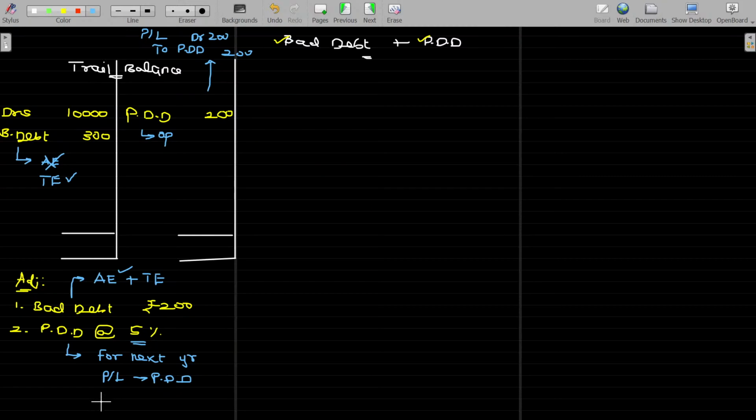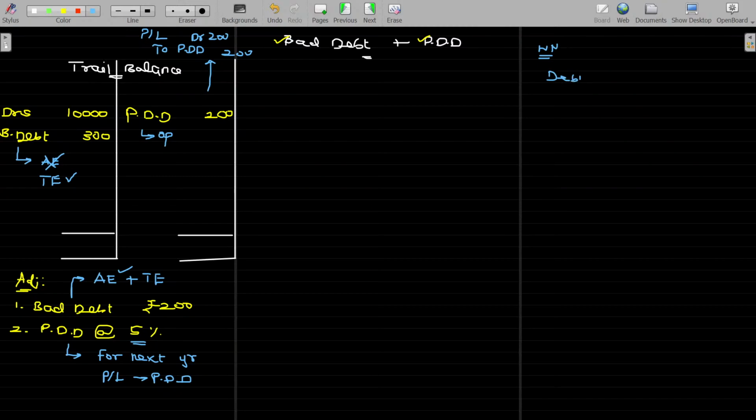Now, before I pass the journal entry for this, let me give the working note. This is how it will appear in the balance sheet as well as on the P&L account debit side. For that, you need the working note for the bad debt first of all.